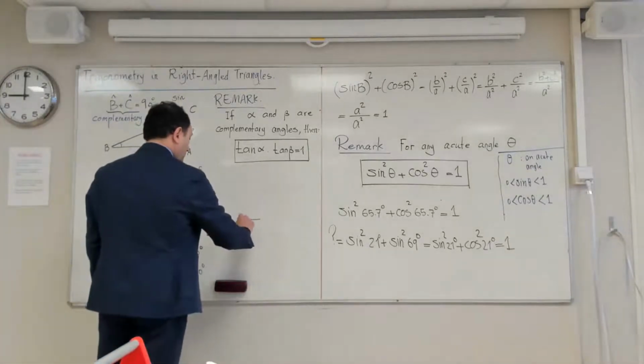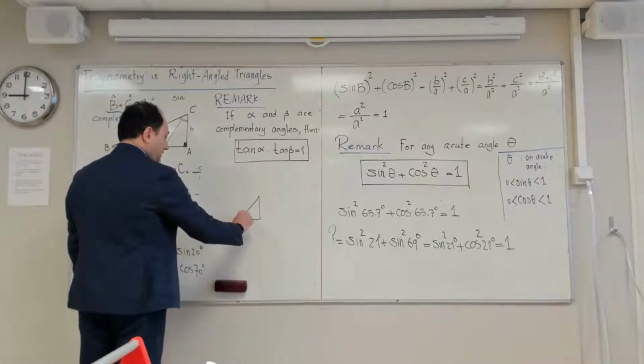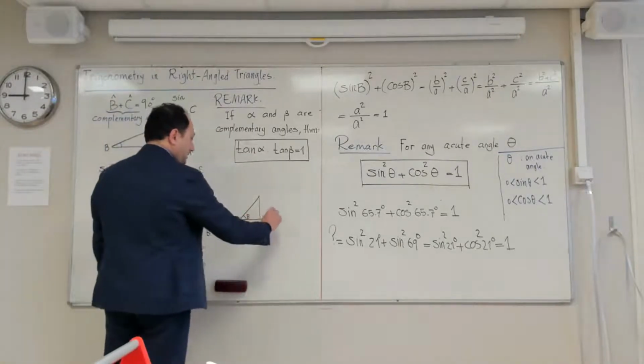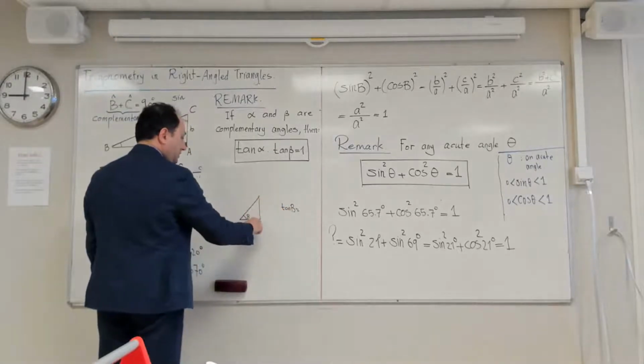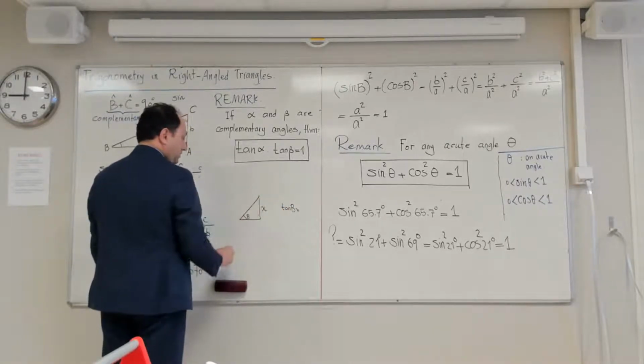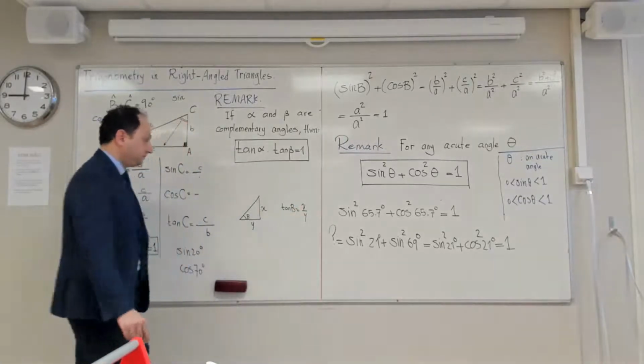So here, for example, if I consider this triangle, and I ask you what tangent of B is, it is equal to the opposite side, let me call it X in this picture, divided by the adjacent side.